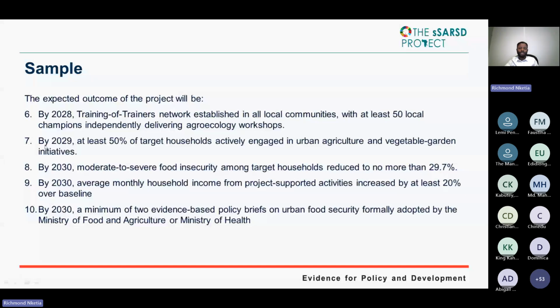So this is how it needs to be. You need to have your time there. The indicator, which is moderate to severe food insecurity. You have your target population. Then you have your quantifiable change there. And this is how you need to state them. If you want more samples of how they should be, you can look at Sustainable Development Goal 2, where there are a number of similar ones on hunger, food insecurity, and related issues.